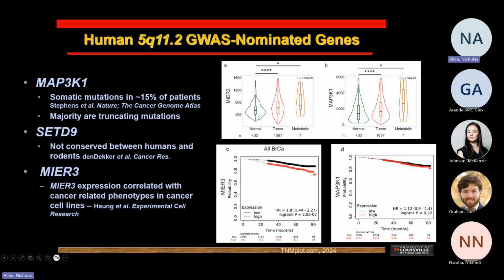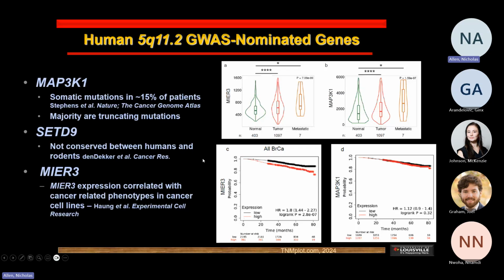All right. And you can see that they are significantly increased in the tumor tissue. And then they go up even further in metastatic tissue. So it seemed to be correlated with progression of the tumor, right? And then at least MIR3 looks like higher expression of that may be associated with survival.